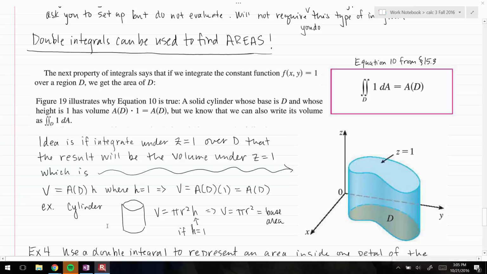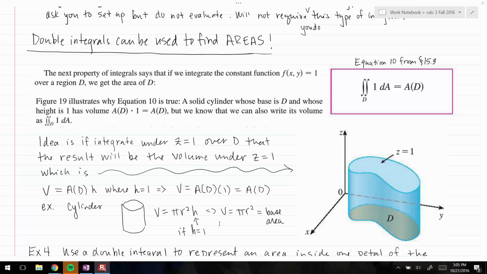I think it's helpful to go down to the cylinder here and think about the volume of a cylinder. That would be V equals pi r squared h. This is specifically for a scenario where the domain was circular in the xy plane.